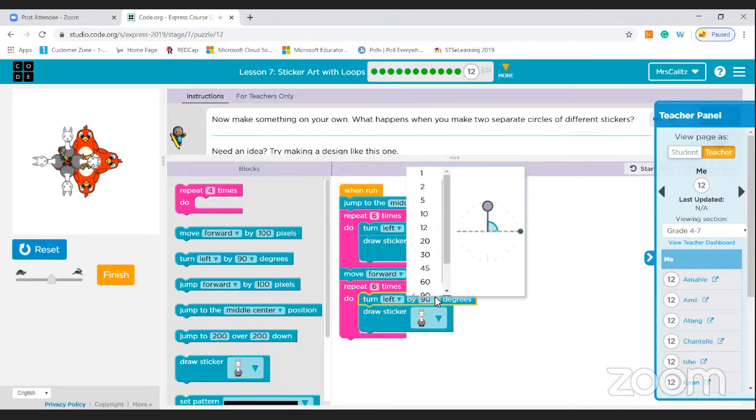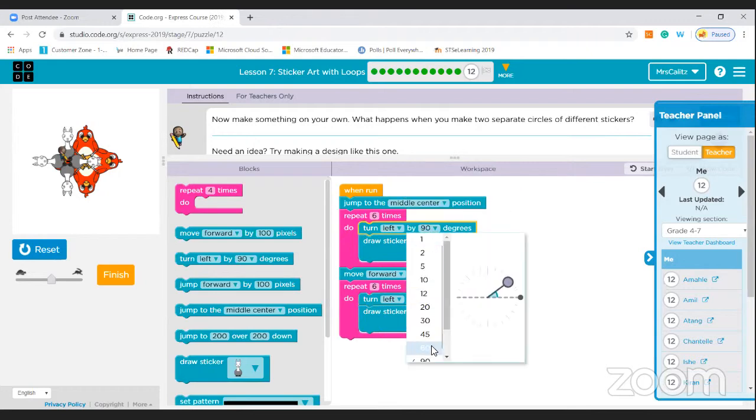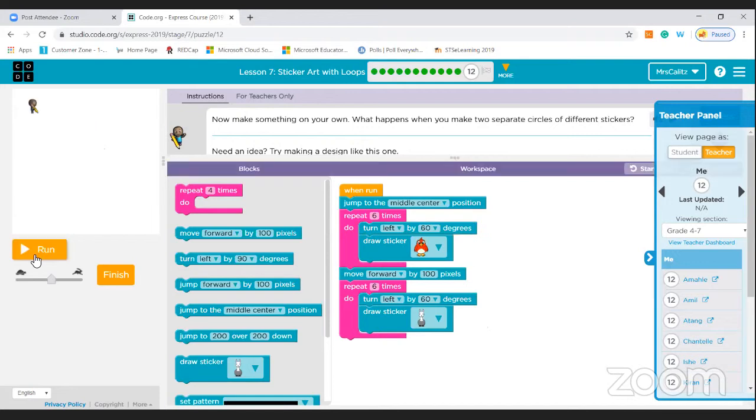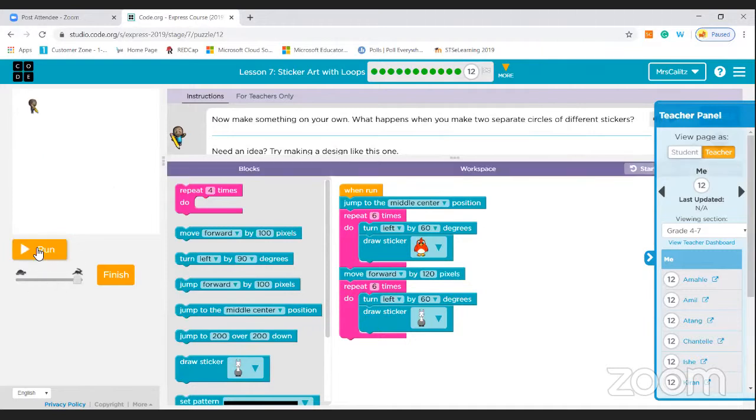And then let's do a 60-degree and see what happens. Okay. I think I need to jump a bit more, say 120 pixels. Let me just draw it a bit faster.